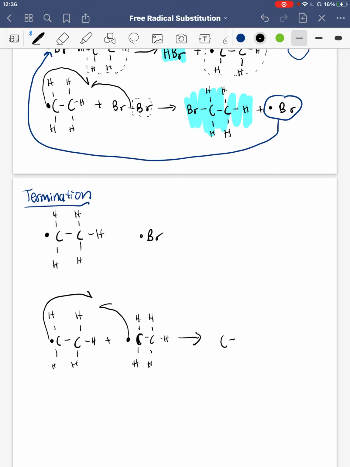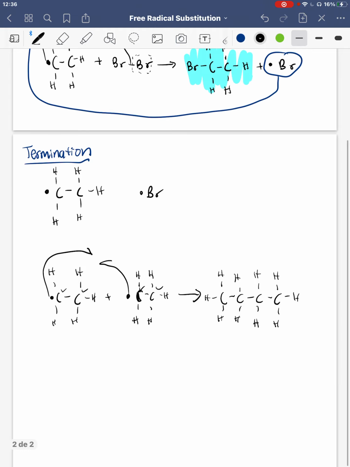I would form butane. I have 1, 2, 3, 4 carbons, saturated. Butane, or some sort of alkane, is always going to be a waste product of free radical substitution. It's not a very efficient process because you do get a lot of waste products.